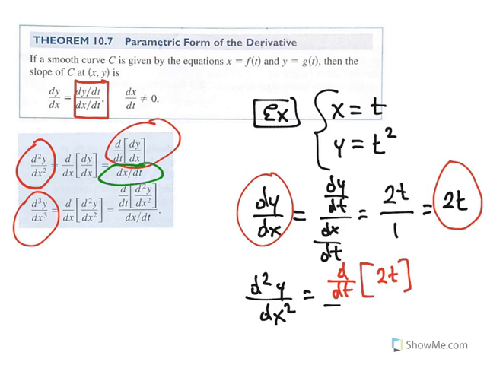Divide that by the derivative with respect to t of x. dx/dt is 1. So we have 2 over 1, or just 2. So that's the second derivative that we have for our example that we began with.